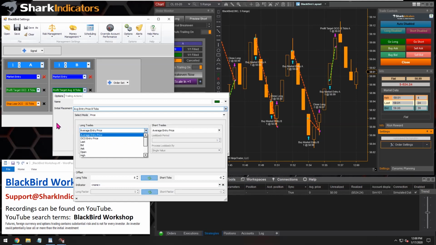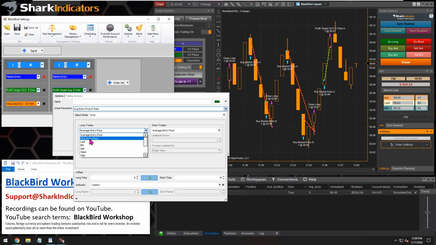So for the profit target for B, the best we can do is use the average entry price plus 8 ticks. Or, if you wanted to, you could take the entry price and add 16 ticks, and you're basically going to end up with the same price for the profit target. It's just two different ways to skin the cat, so to speak.